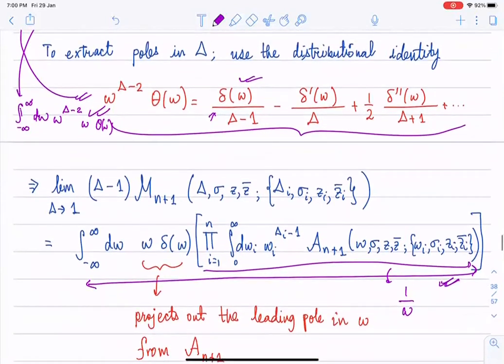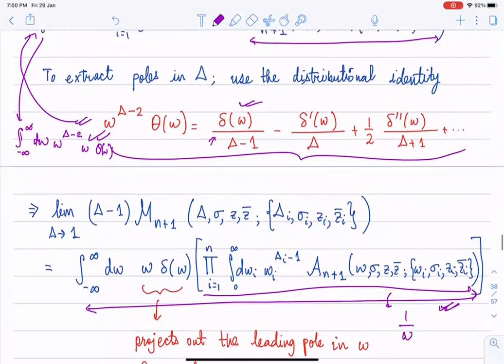In that case, the point is that this delta prime omega, the job of that is to project out the order 1 term in the 1 by omega expansion. So what you can show is that if you are interested in just, let's say, the leading 1 by omega pole, which comes from the scattering amplitude, then the action of delta prime omega actually sets the remaining terms to 0. I see. Okay.